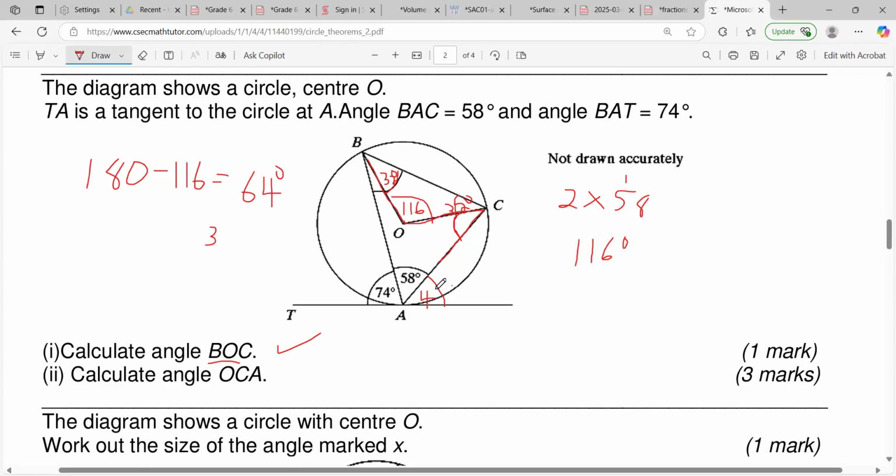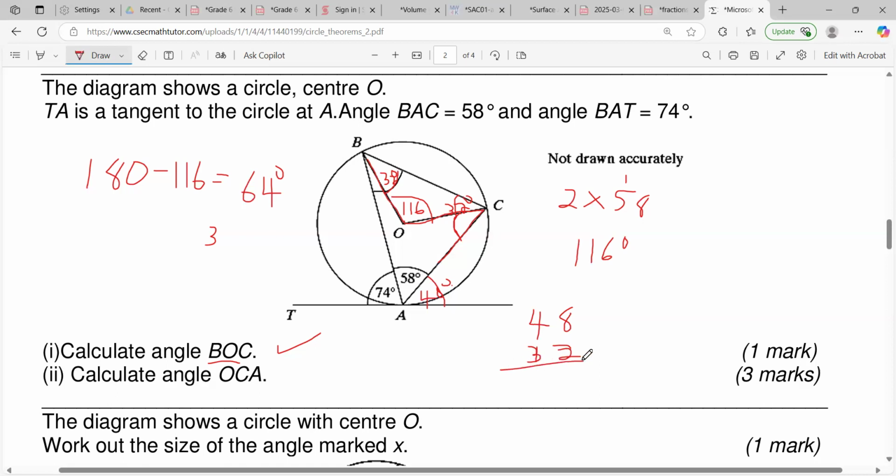Angles on a straight line, right? So what we are saying is all of the angle here would be 48, all of this. But if this part is 32, to get here, we just subtract 32 from the 48. Oh, this is supposed to be 32? Yeah.